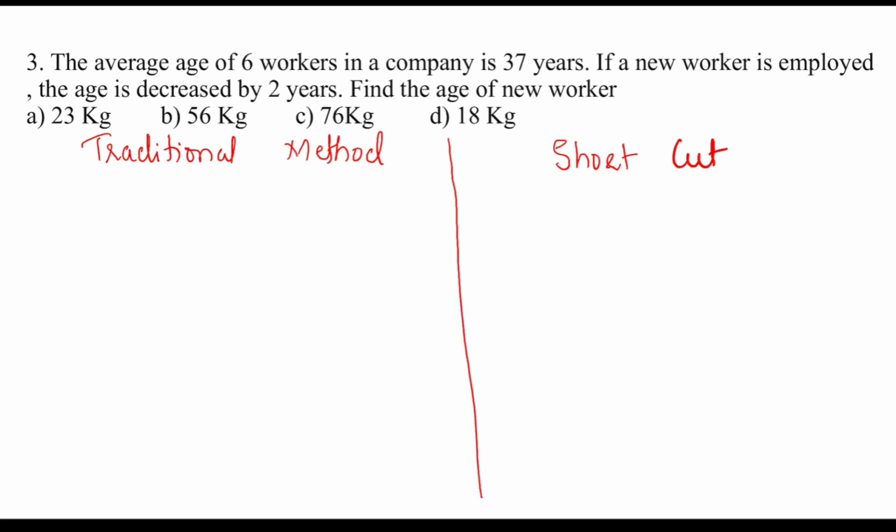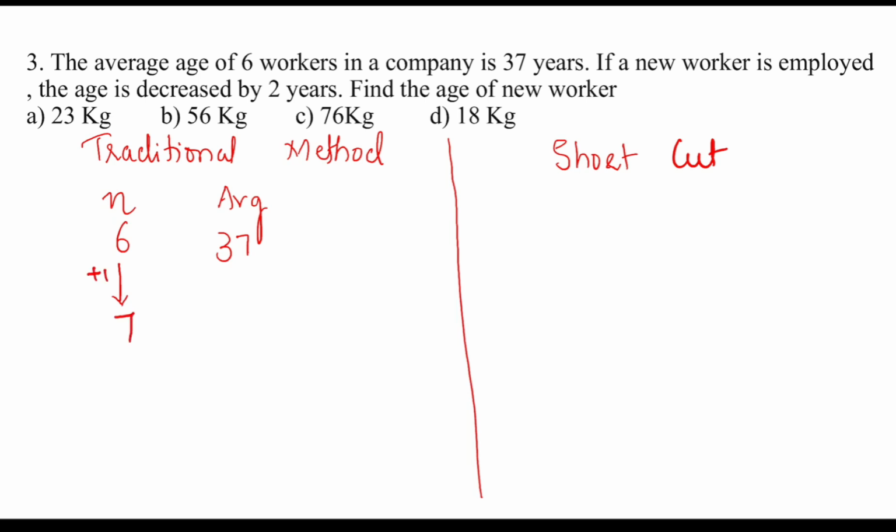Traditionally, how can we solve? The average age of 6 workers in a company is 37 years. The number of people is 6, and the average age is 37 years. If a new worker is employed, then the 6 people became 7.